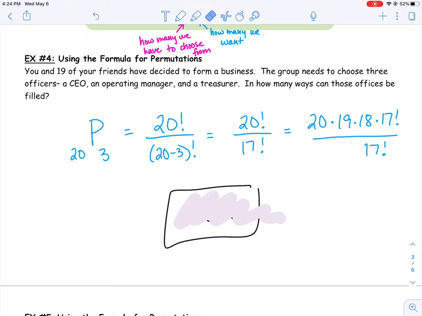Because the 17 factorial in the numerator and denominator can reduce each other. And so then all we have to do is figure out what 20 times 19 times 18 is. If you have 20 people and you want to choose 3 for different offices, you have 6,840 different ways you can rearrange and pick 3 out of the 20 using our permutation formula.